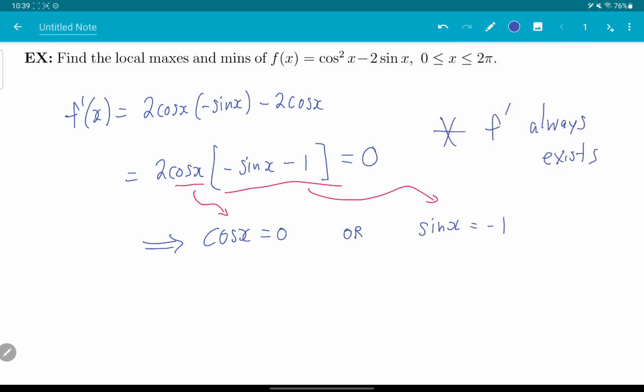So solving these two equations between 0 and 2 pi, from my memorized unit circle, what do I get? Cos x is 0. Here I get pi over 2 and 3 pi over 2.